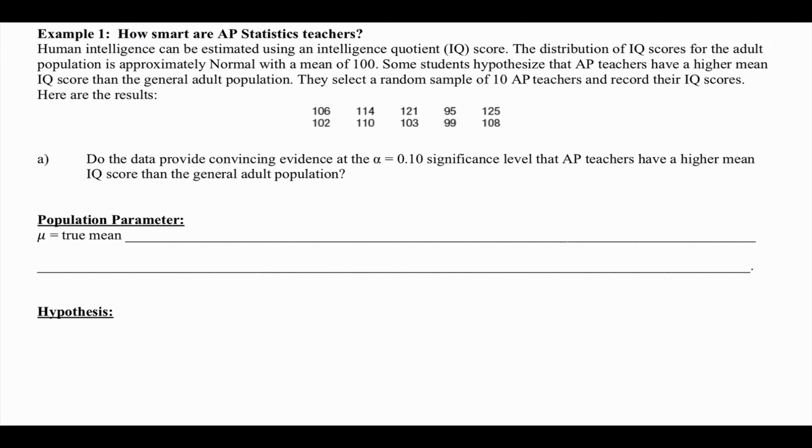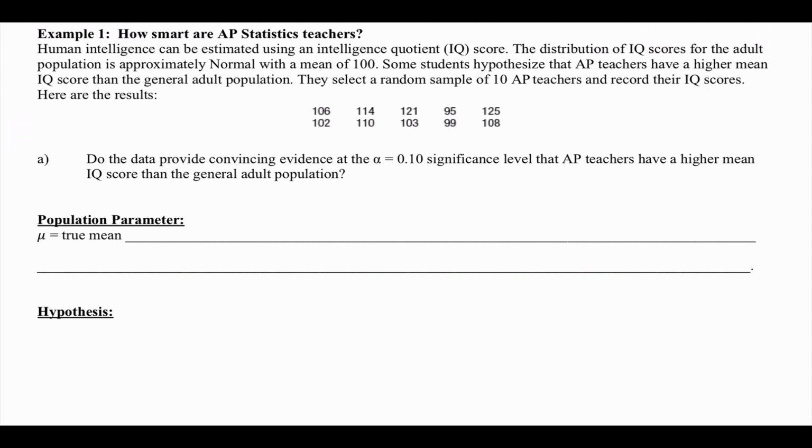So those 10 had IQs, these were their IQs. One teacher had an IQ of 106, IQ of 114, IQ of 121, IQ of 95, and so forth. Okay? Do the data provide convincing evidence at the alpha level of 10%, or 10% significance level, that AP teachers have a higher mean IQ score than the general adult population?